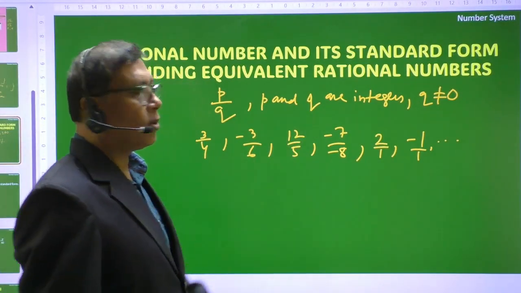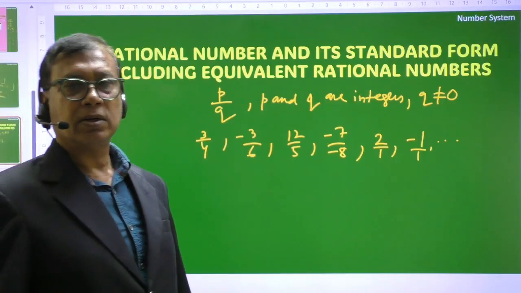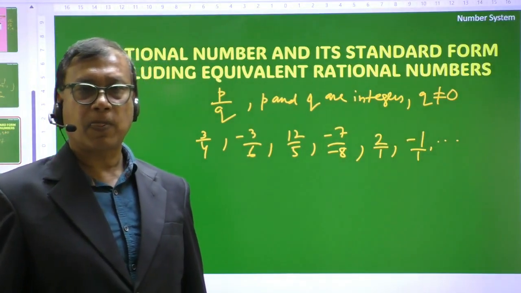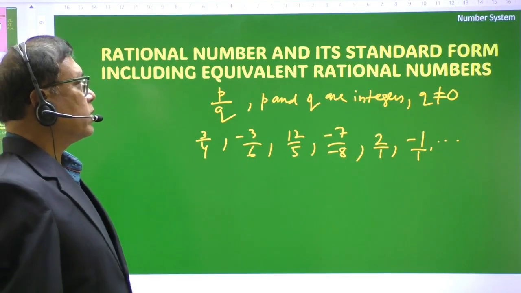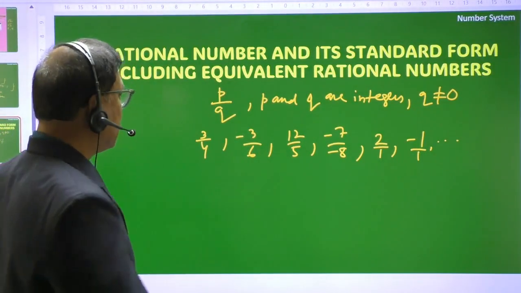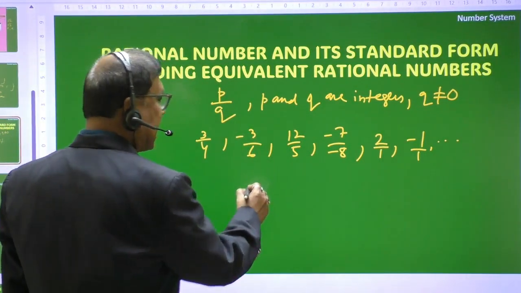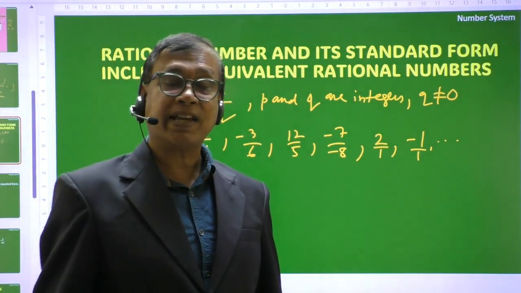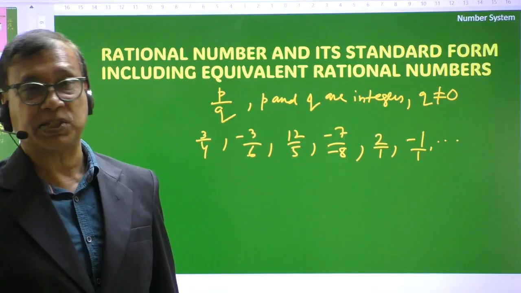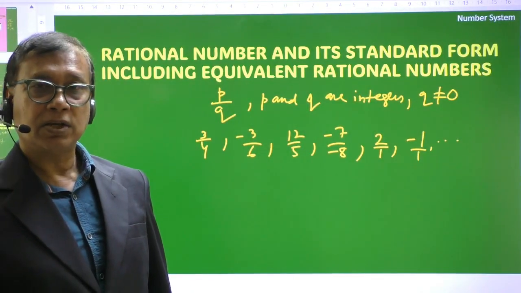Now what is the criteria for standard form? A rational number will be in standard form if P and Q are co-prime and Q must be positive. Is it clear?